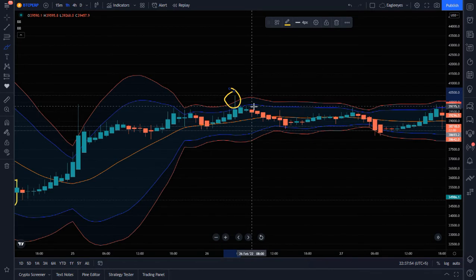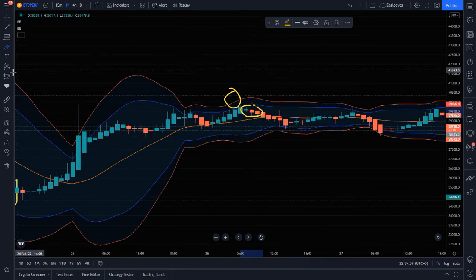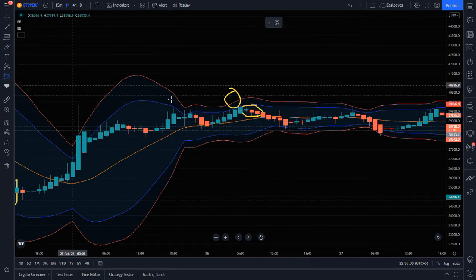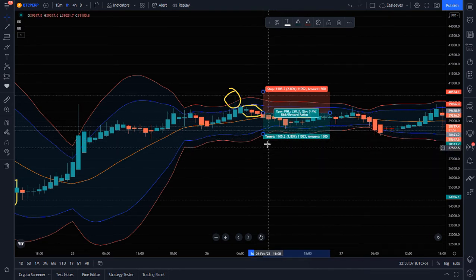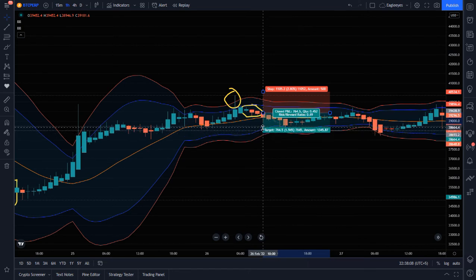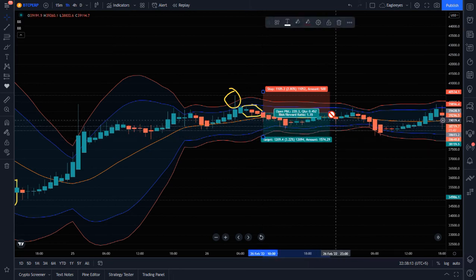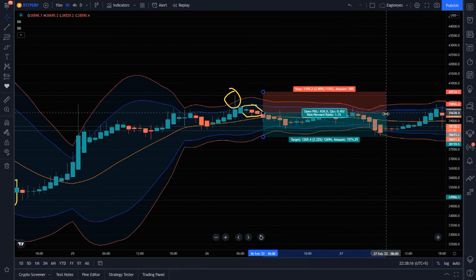You can see there is a touchdown to this, and if candles close inside the second Bollinger Band and they are opposite, then you can open a trade. But in case they are not opposite, like in case this is green, if they were small red ones, then that means the market wants to go into a ranging period. That is what I am trying to say. So you have to differentiate this thing.